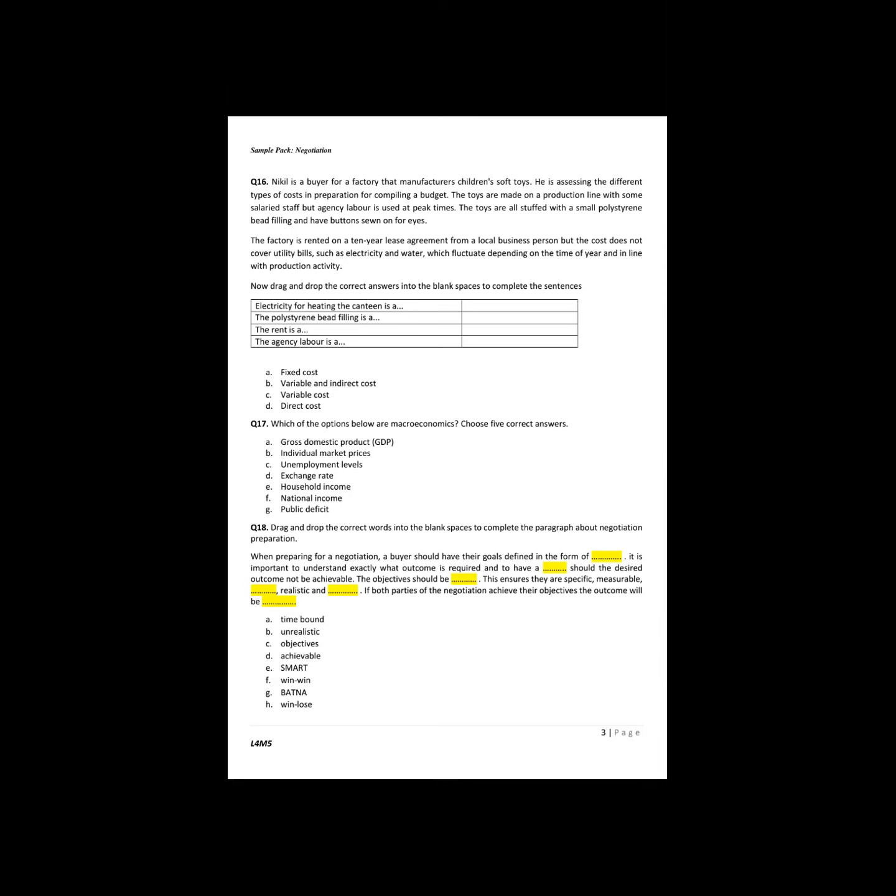The indirect cost is cost that cannot be traced to a saleable unit of output. So electricity for heating is variable.